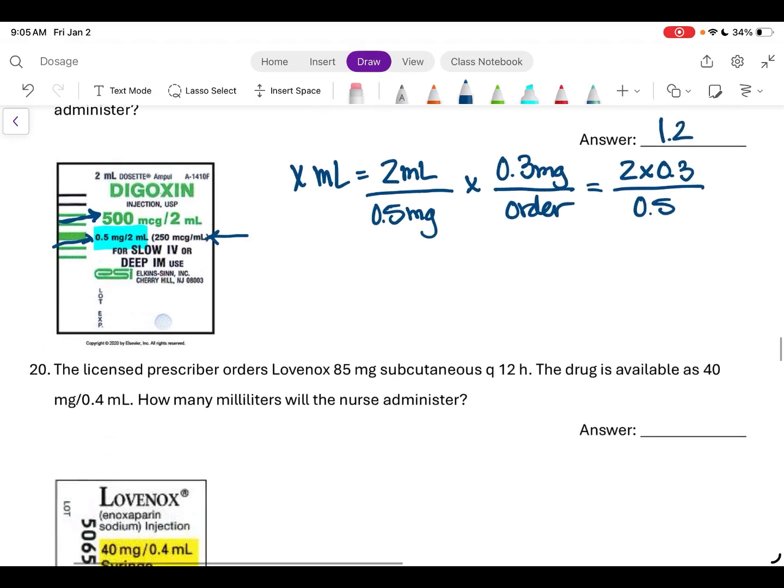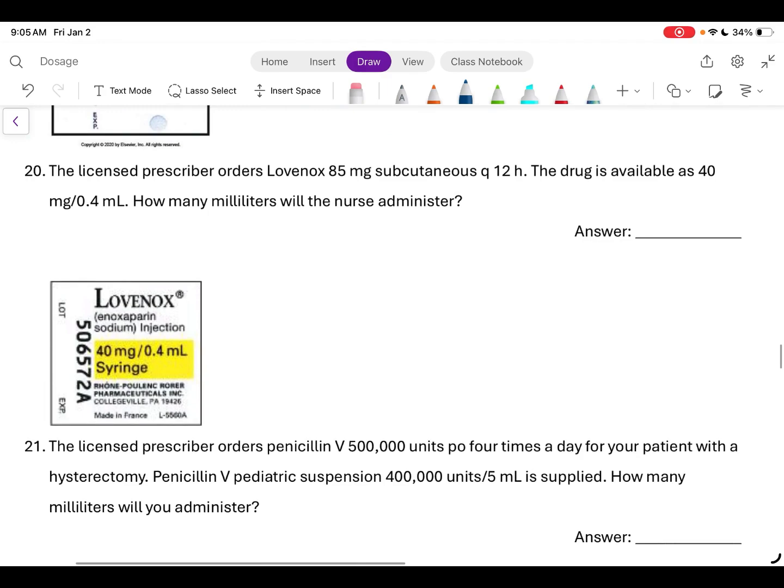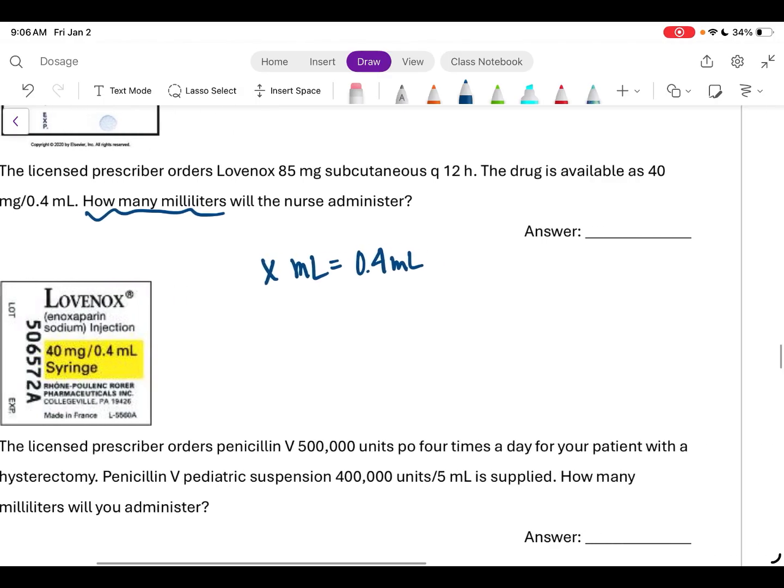Okay, moving right along. Licensed prescriber orders Lovenox 85 milligrams. It's available as a 40 milligram per 0.4 milliliters. How many milliliters will you give? So using our available concentration, I'm just gonna write it upside down.